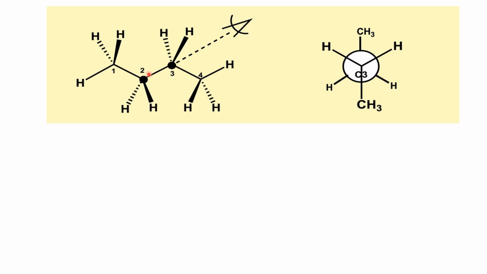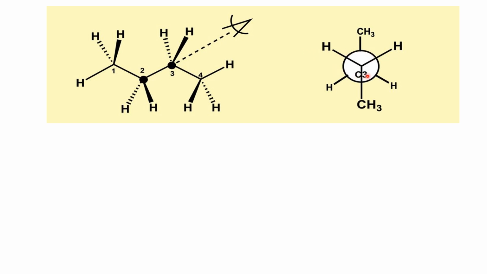When I am observing through the C2, C3 carbon-carbon single bond, I could say the third carbon atom and the second carbon atom are in one plane. So I draw the projection formula, that is the Newman projection formula of the butane molecule, giving consideration to the C2 and C3 carbon-carbon single bond. The third carbon atom and the second carbon atom are in one plane.